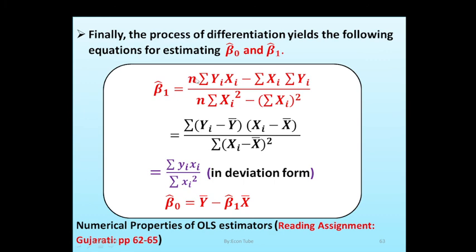Finally, the process of differentiation yields the following equation for estimation. Beta 1 hat is equal to n, the number of observations, times the summation of yi xi, minus the summation of xi times the summation of yi, divided by n times the summation of xi squared minus the summation of xi, all squared. This is equivalently represented as the summation of (yi minus y mean) times (xi minus x mean) divided by the summation of (xi minus x mean) squared. In deviation form, where yi and xi are in small letters, we have the summation of yi xi over the summation of xi squared, while beta naught hat is equal to y mean minus beta 1 hat times x mean.